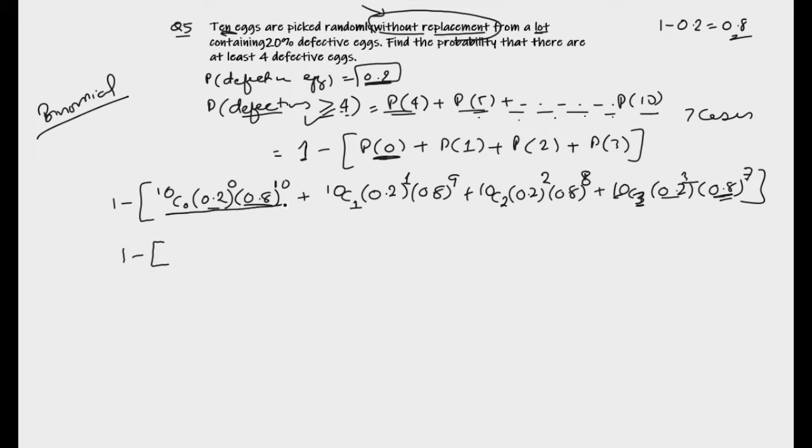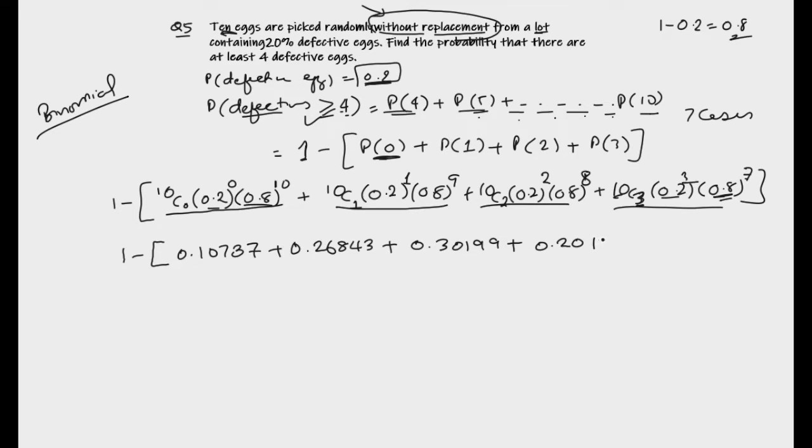When I use this in my calculator, I got 0.10737. For 1 defective and 9 good ones, I got 0.26843. This one 0.30199, and this one is 0.20132.